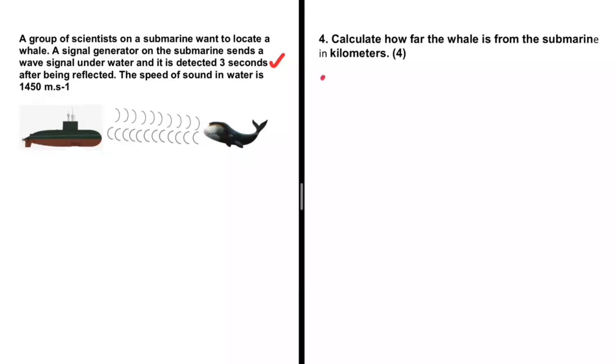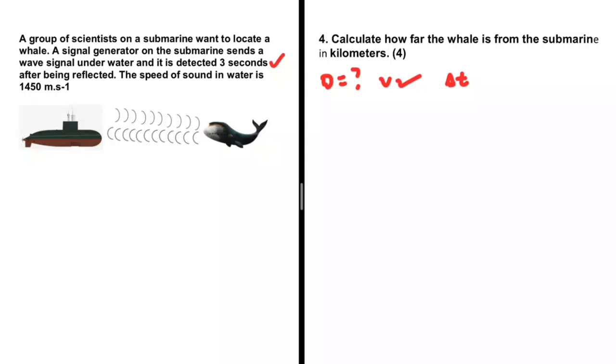How far? We are interested in the distance. What information do we have? We have the speed of sound in water, V, which is 1,450 meters per second. We need the time to say that the distance equals speed multiplied by time, and calculate how far the whale is from the submarine.